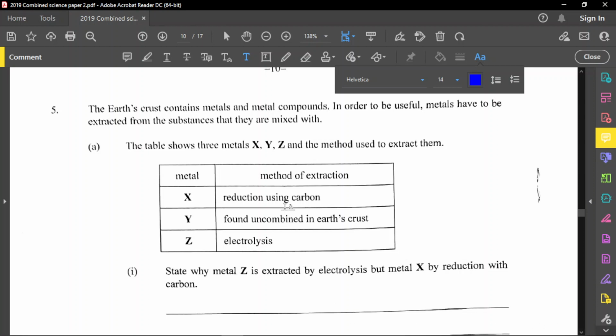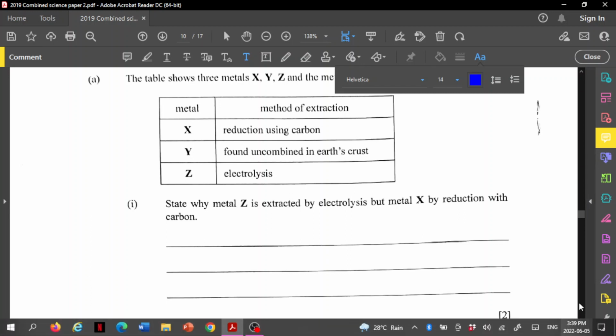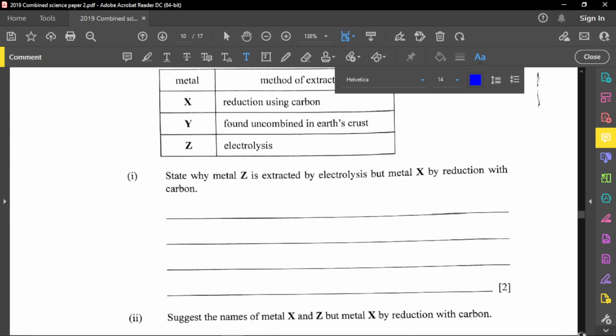X is extracted by reduction using carbon, Y is found uncombined in the Earth's crust, and Z is extracted by electrolysis. When you hear electrolysis, you should know which metal comes to mind, because it's a famous question in the chemistry exam and also in the combined science exam. In most science classes as well, when you talk about extraction of a particular metal, they use electrolysis.